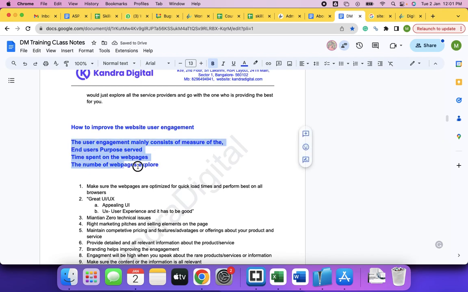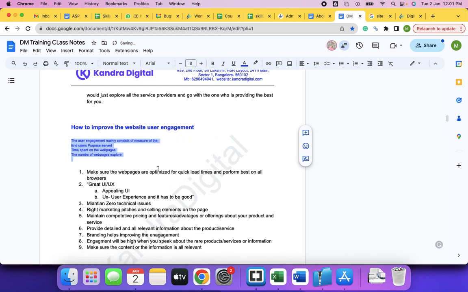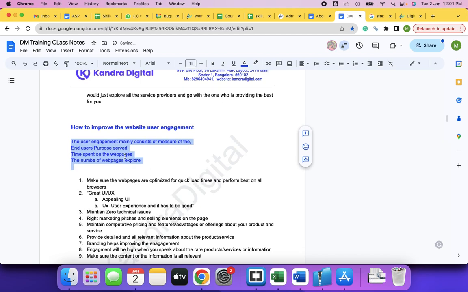Okay, this is all about engagement; it is usually measured as a measure of these things.